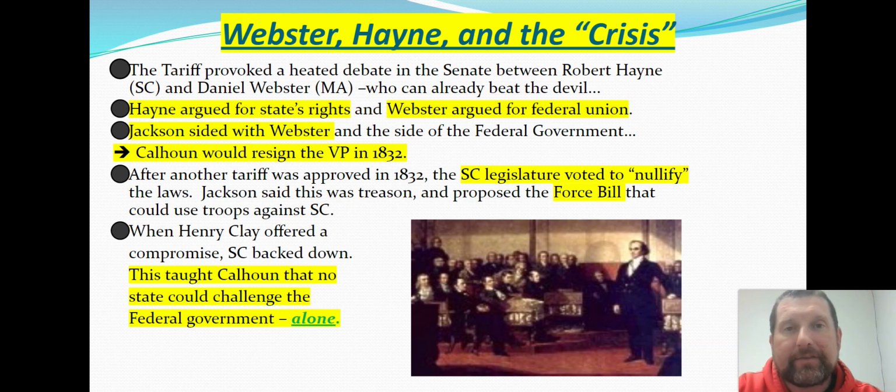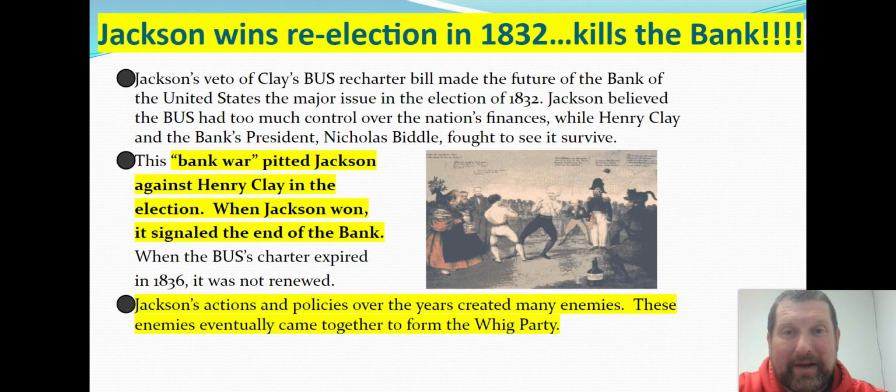That's the background. I will belabor the point when we get to the Civil War that it's not about tariffs. In the late 1850s and into the 1860s, there is no other states' rights issue beyond slavery. That's the name of the game then. But the political seeds are planted here.